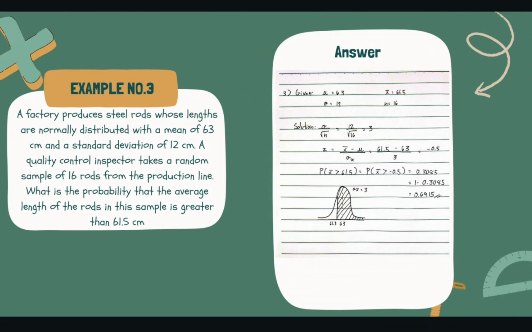So our P of x bar greater than 61.5 will be equal to P of z greater than -0.5.